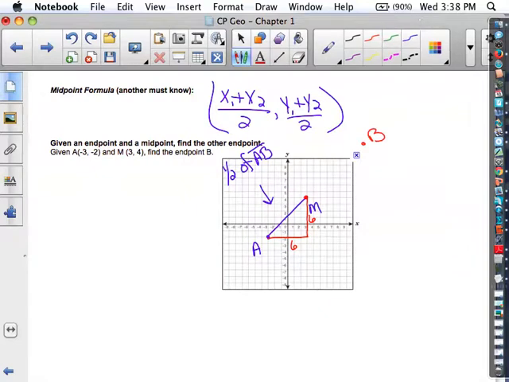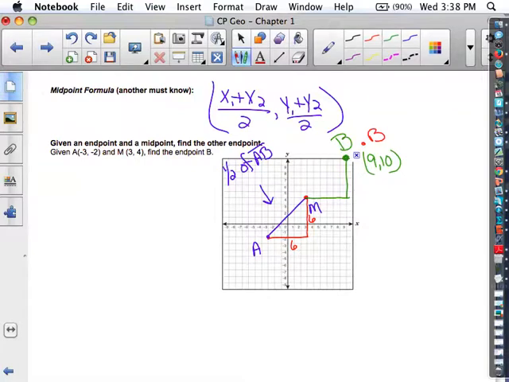So I'm going to go horizontally 6, and then I'm going to go vertically 6. And that would be where my point B is. And that is at (9, 10). So actually using the graph and constructing that right triangle is one way to find the other endpoint.